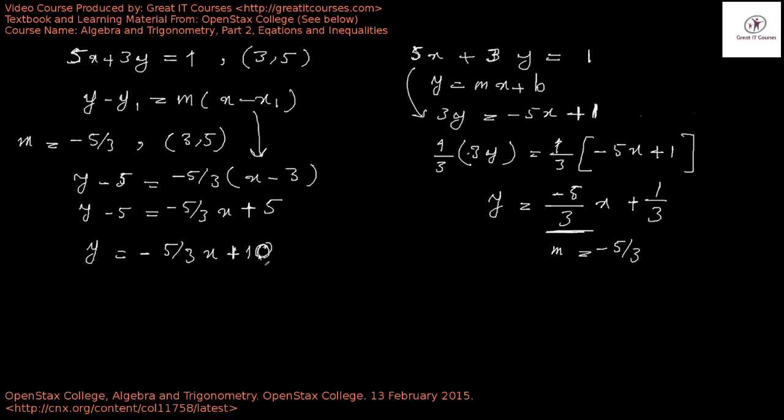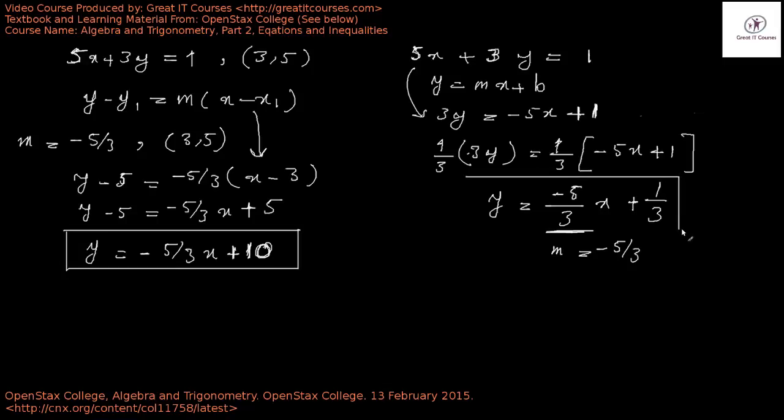So now you can see that this is the equation of the new line. And as you can see, this is the equation of the baseline that I had over there.